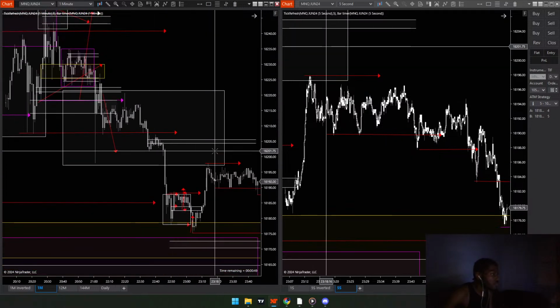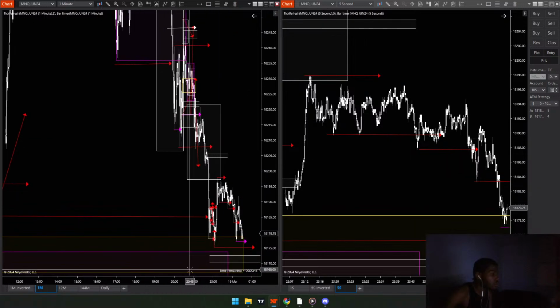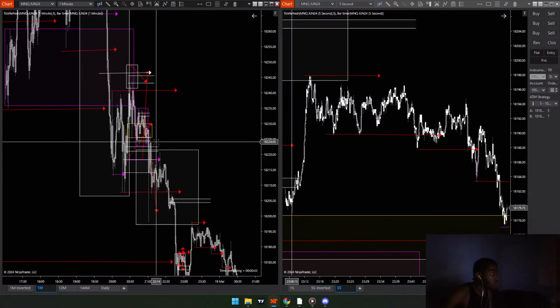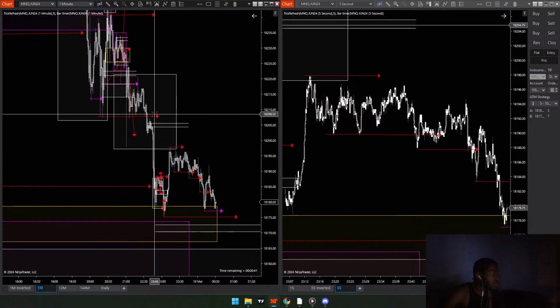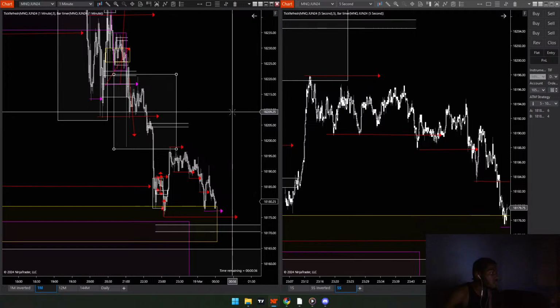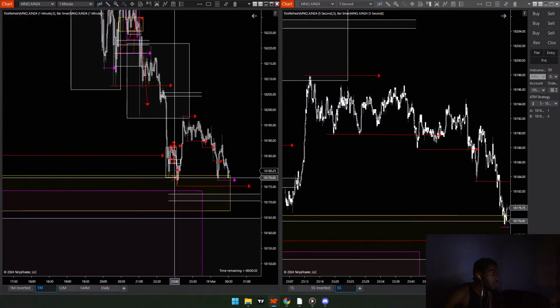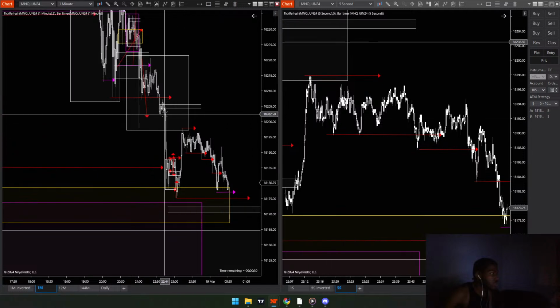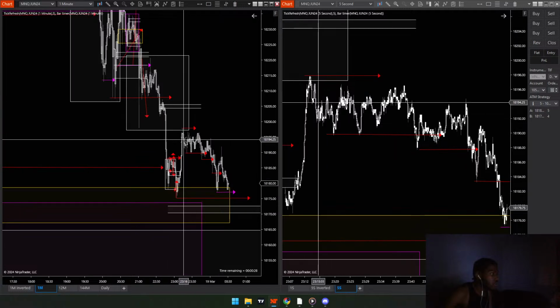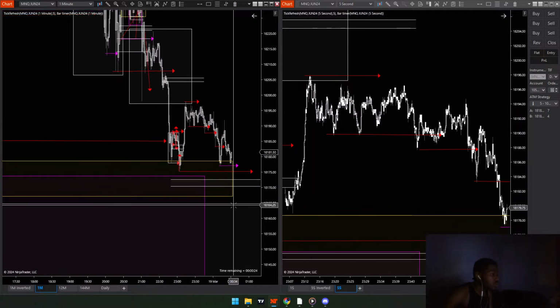This is the first flip. So this is just a pullback right here on a 12 minute, the higher time frame pullback. So this is at the top of the range. This box, the 50% of this box, that's the top of the range. And then now we just create our bottom of the range. But we usually know that the first people to get in after a break usually get run out.